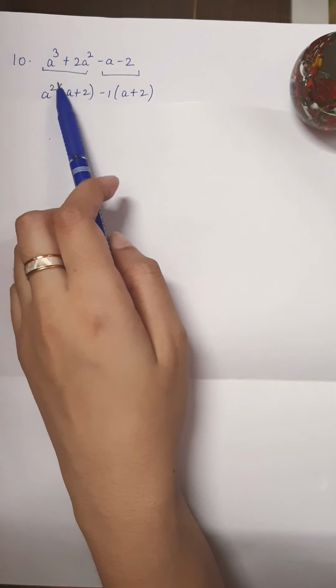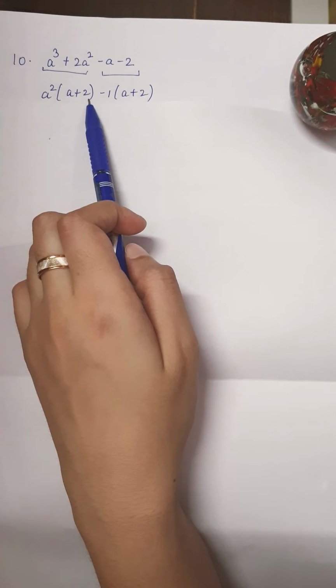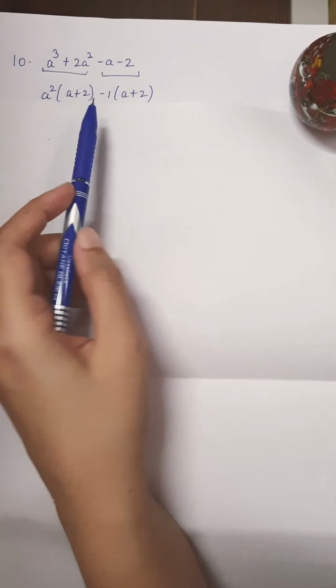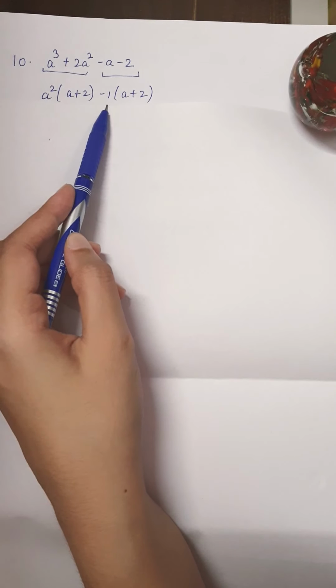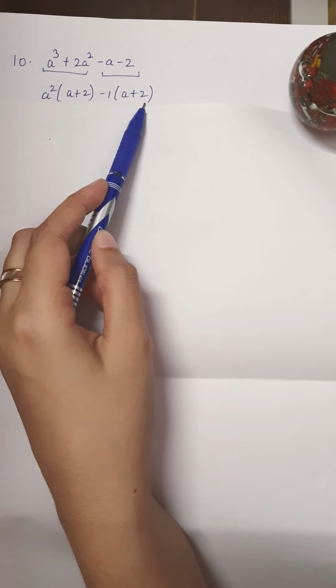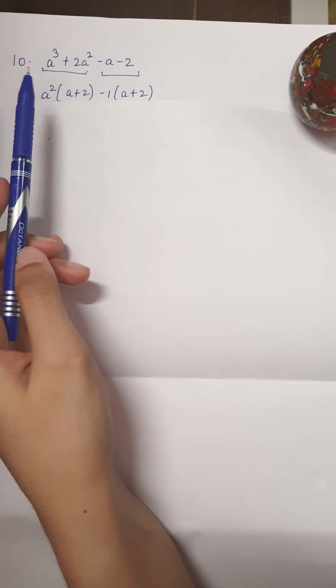Within the bracket, I am left with a only from here and 2 only from here. Now here both are minus signs, so I have taken minus common, and within bracket I am left with a plus 2. Children, wherever you have doubt, you can multiply back to get this, just to clear your doubt.